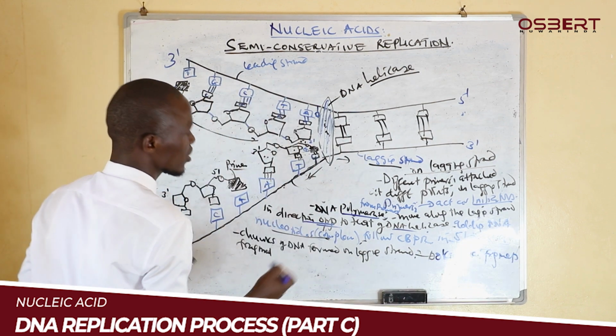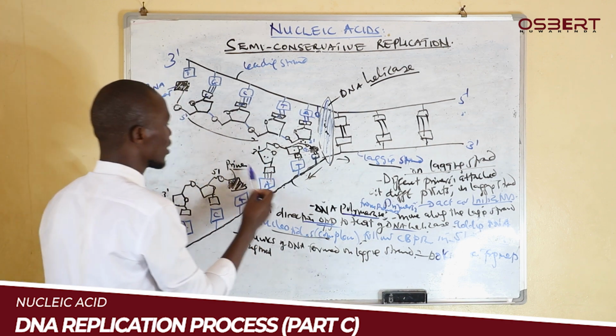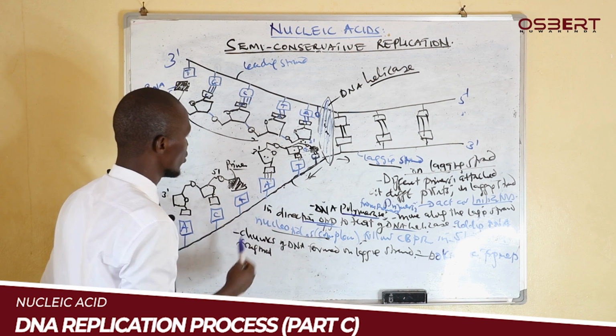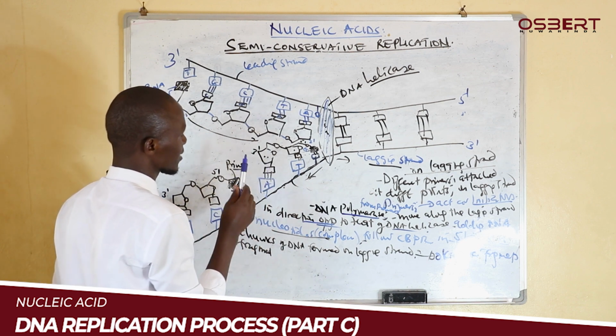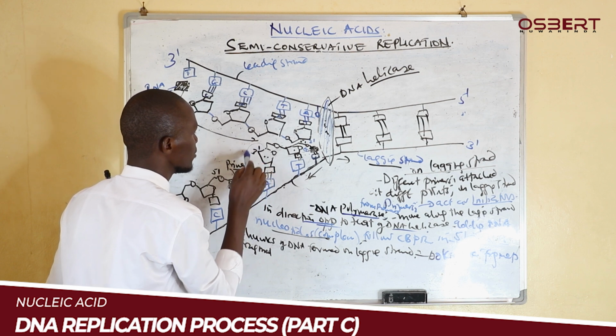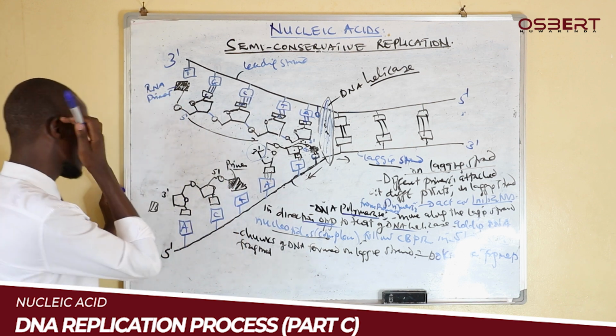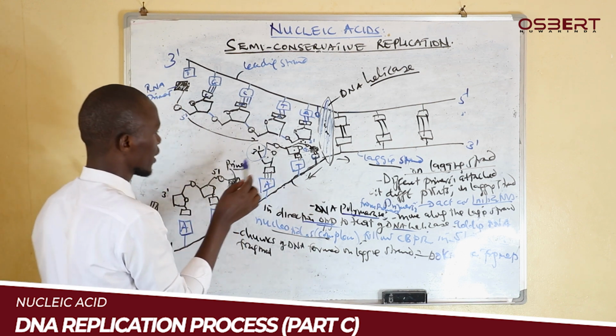Now, those are chunks of DNA. Why? Because even when these primers are removed, the DNA polymerase cannot catalyze the formation of a bond between this carbon, the 3' and the 5'.